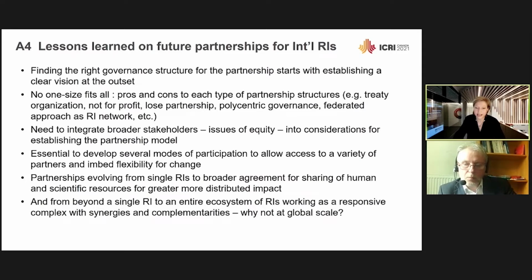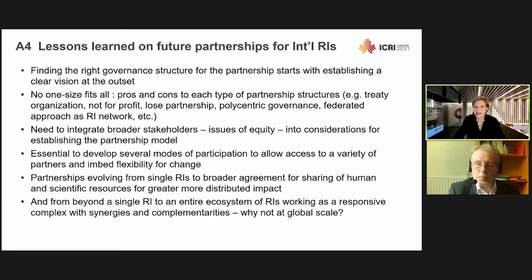So clearly, like Frederick said, there's a need to integrate broader stakeholders beyond the traditional scientific communities and funders. We had several good examples of this that we could discuss in the question period.